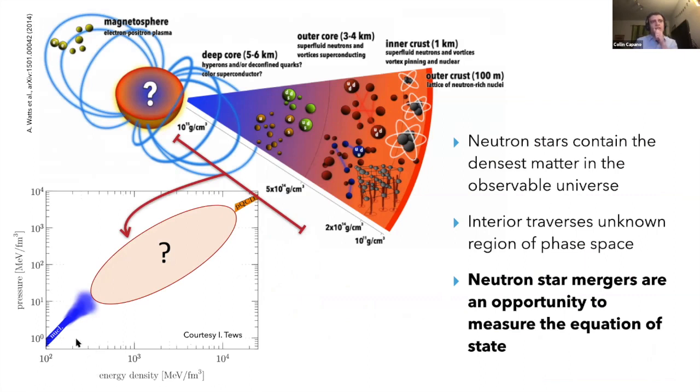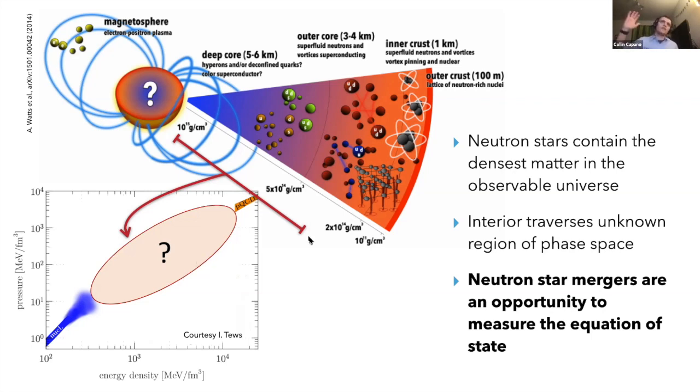Up to around one to twice nuclear density, we have a good idea of what goes on. And then at extremely high densities, through perturbative means, we have an idea of what goes on. But in this in-between region, we really don't know what the equation of state of matter is. Fortunately, though, neutron stars traverse this area of phase space where we don't know what happens.